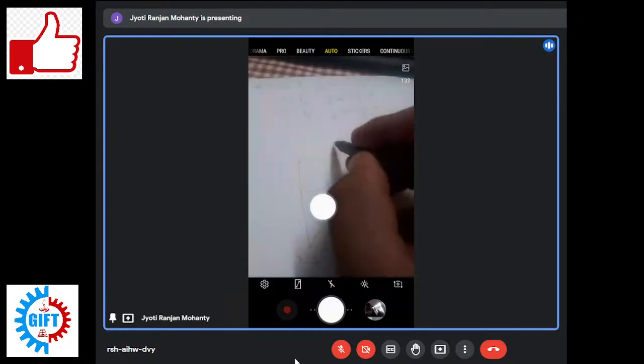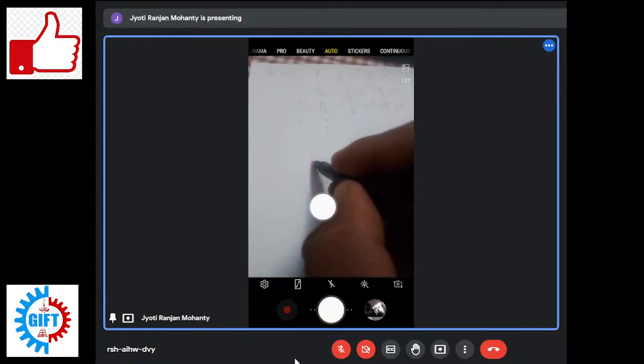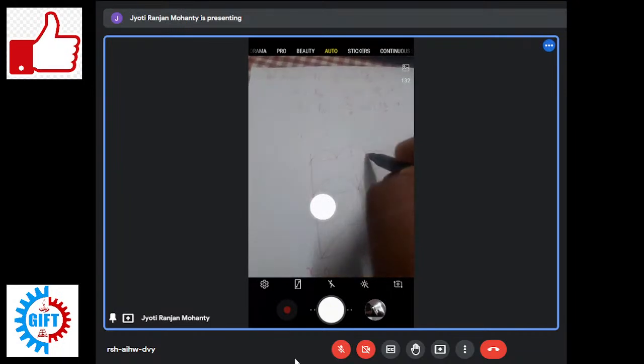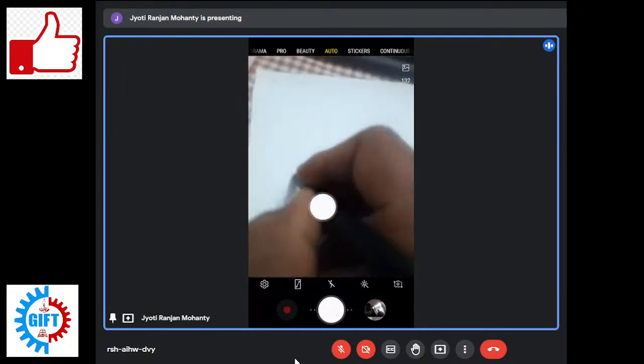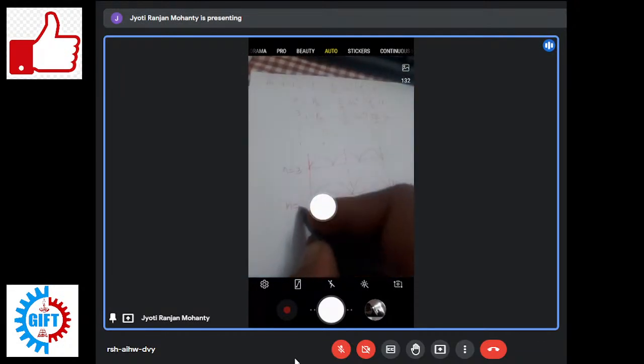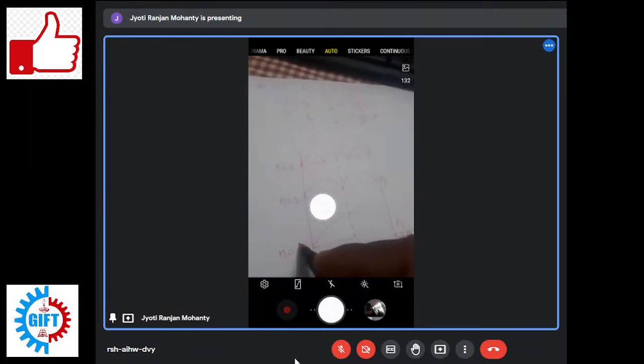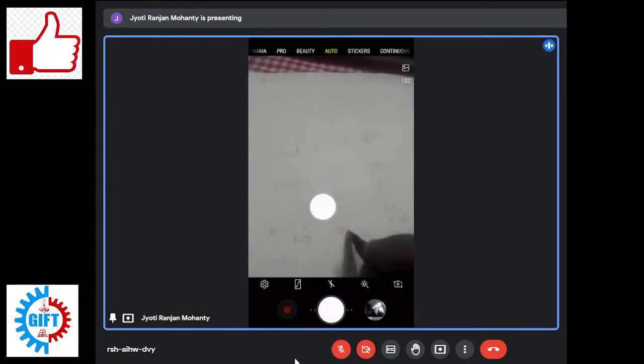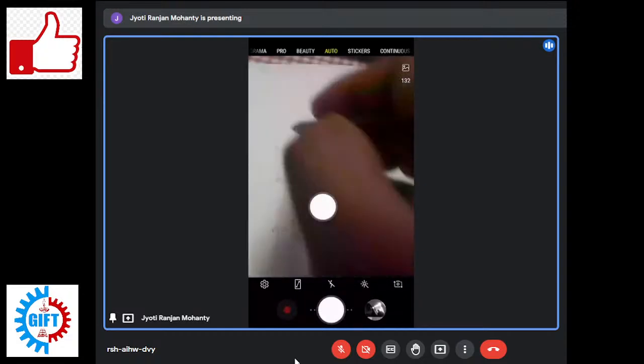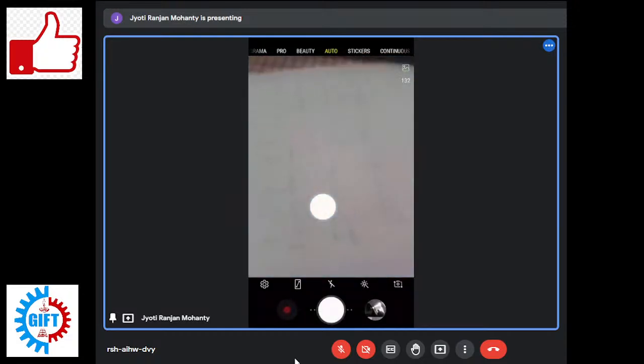And this is the third probability. Very important diagram. Remember, n is equal to 3, n is equal to 2, n is equal to 1. This is x is equal to a by 2. Very, very important. This is the graphical representation of probability. Diagram complete.